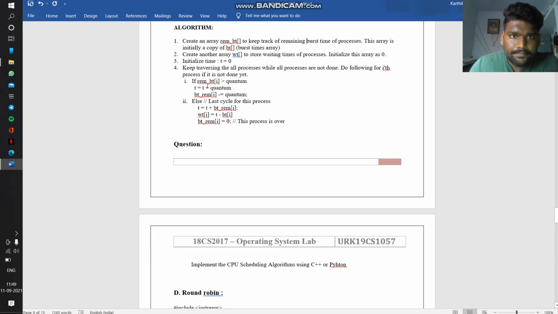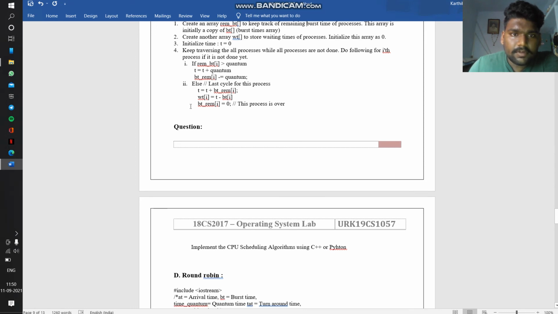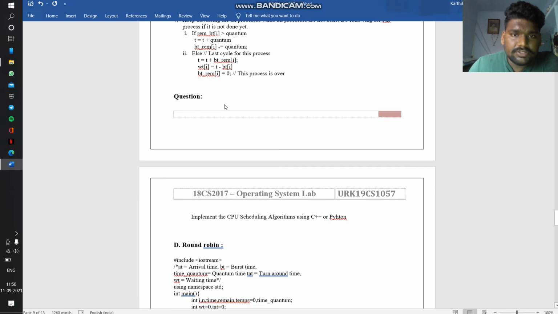If remaining burst time rem_bt[i] is greater than quantum, then t equals t plus quantum, and rem_bt[i] equals rem_bt[i] minus quantum. Else t equals t plus rem_bt[i], waiting time of i equals t minus burst time of i, and rem_bt[i] equals 0.